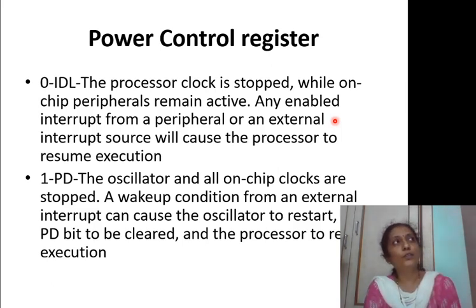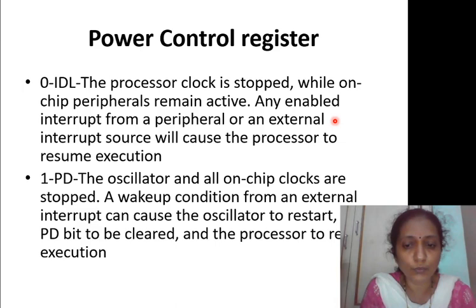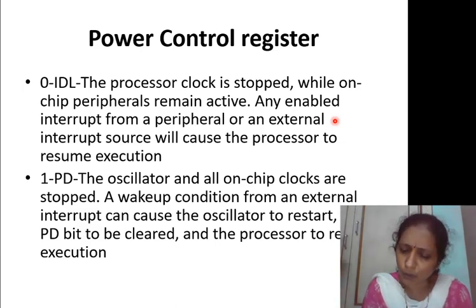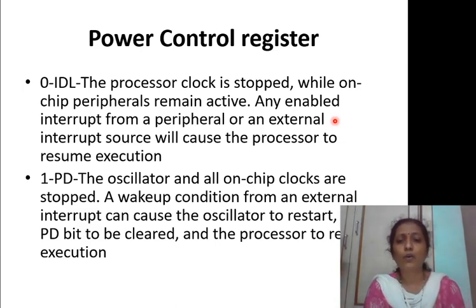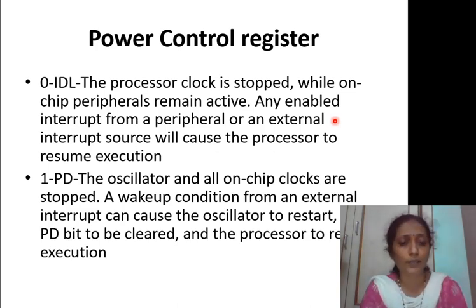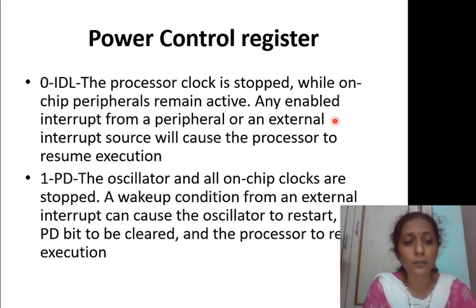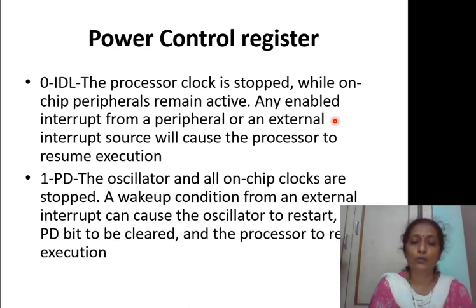It means only the processor is not working, but the peripherals are working. Whereas in case of power down mode, all the on-chip clocks are stopped. So no peripheral is working. Only an external interrupt can resume the working there. So that is nothing but power down mode.